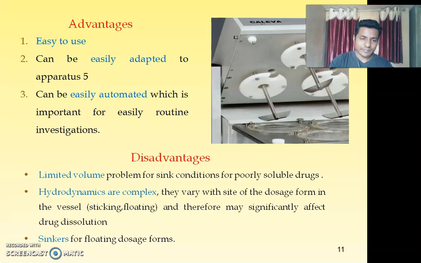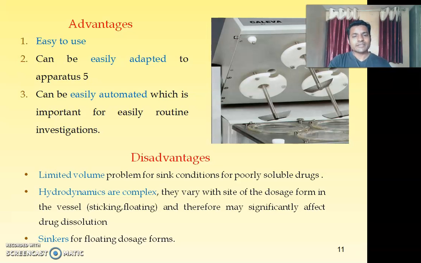The second one is hydrodynamic complexity. They vary with the position of the dosage form in the vessel, due to sticking or floating, and therefore may significantly affect the rate of drug dissolution. In the case of the paddle type apparatus, we have to use the sinker for floating type drug delivery systems to avoid floating.